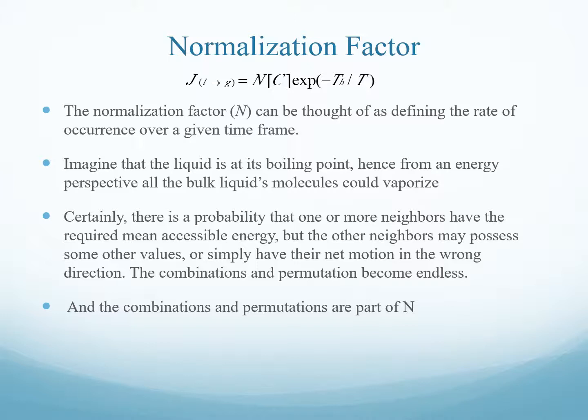But you need the 6 neighbors to be acting all at once, in the right fashion or the right path. Certainly there's a probability of one or more neighbors having the required accessible energy, but the other neighbors may have different, lesser values. So the combinations and permutations become endless. And you can really think of N as being part of the combinations and permutations that prevent the liquid from all boiling at once.